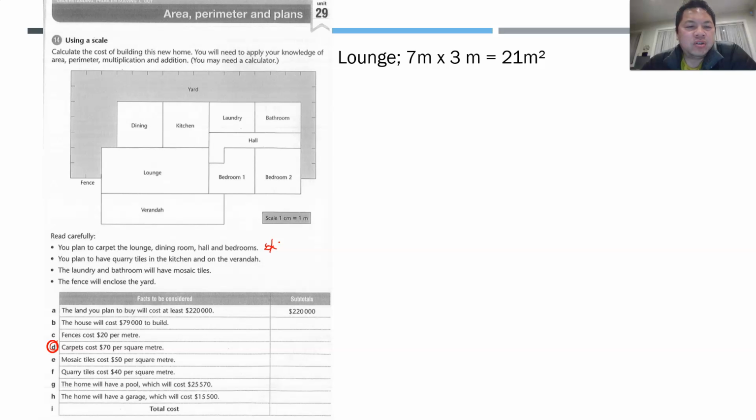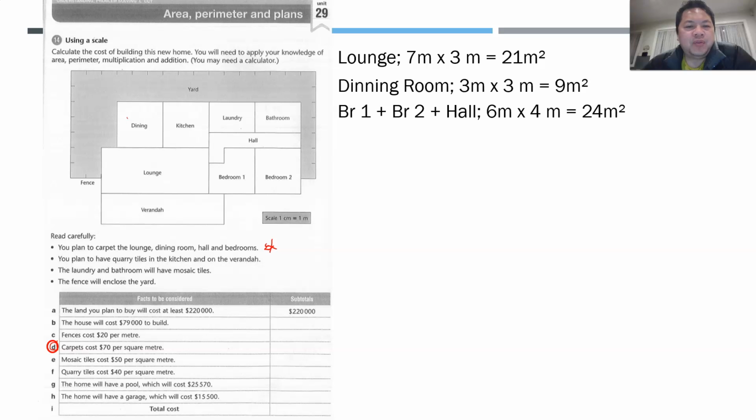By looking at the measurement with the conversion, we know the lounge is 7 by 3 meters, so it's 21 square meters. The dining room is 3 by 3. Bedroom 1, bedroom 2, and the hall together make 6 meters by 4 meters.